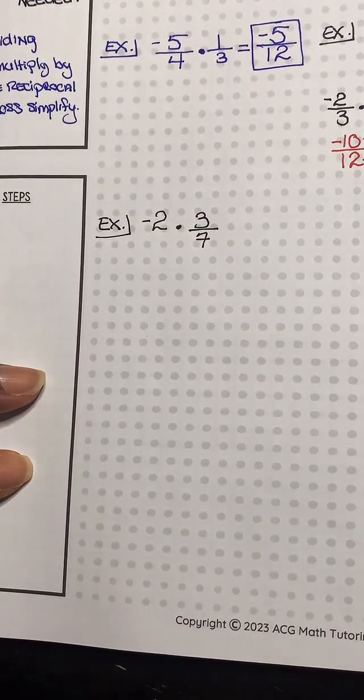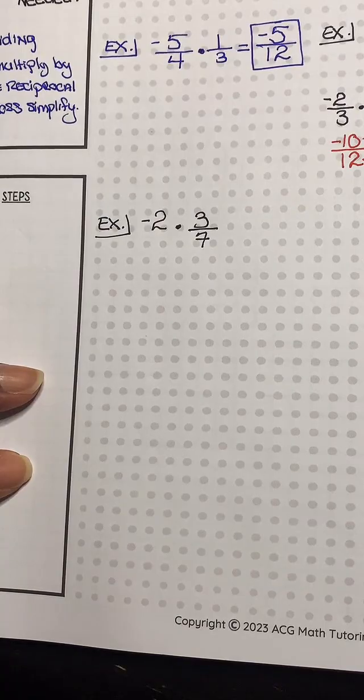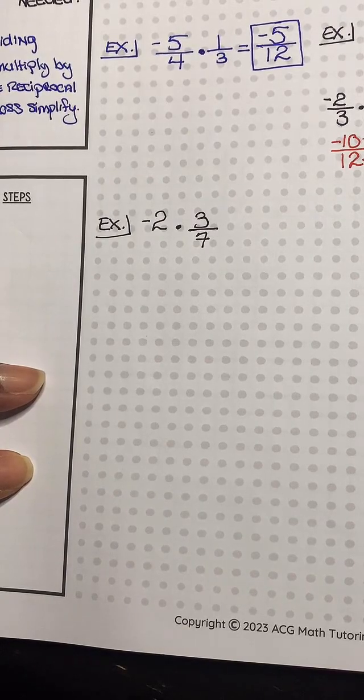Okay, so we have -2 times 3/7. Okay, thank you. Oh, Alicia, I've been trying to find you. How'd it go with the swearing and all that? Thank you. All right, thank you. $0.02. You called me. You're funny.